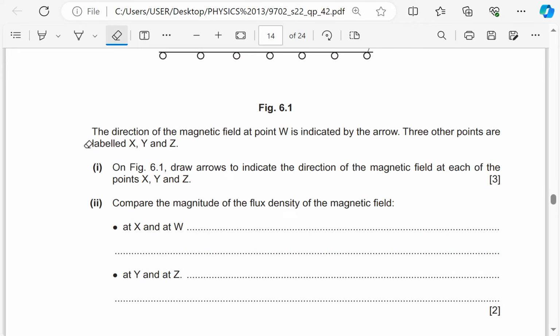So I would say approximately equal, since inside the solenoid the field is uniform.